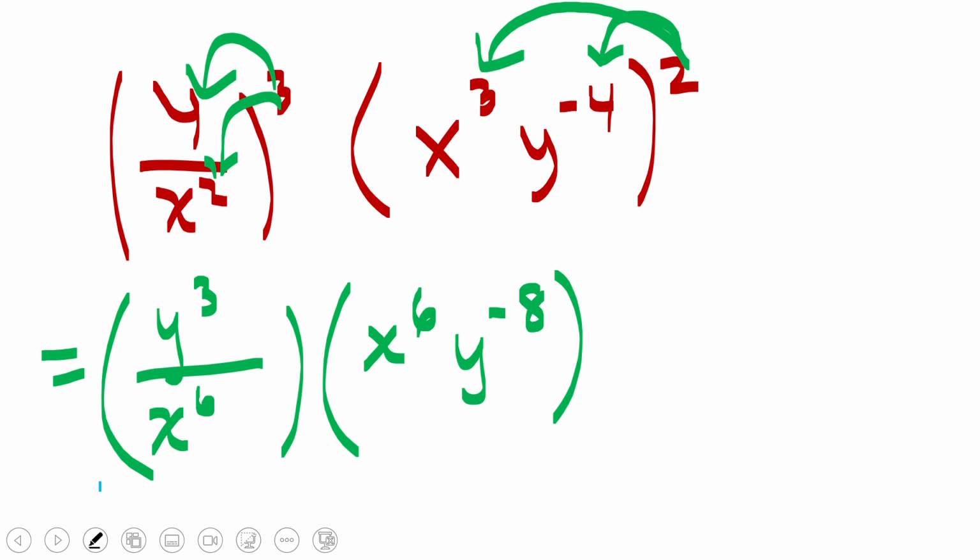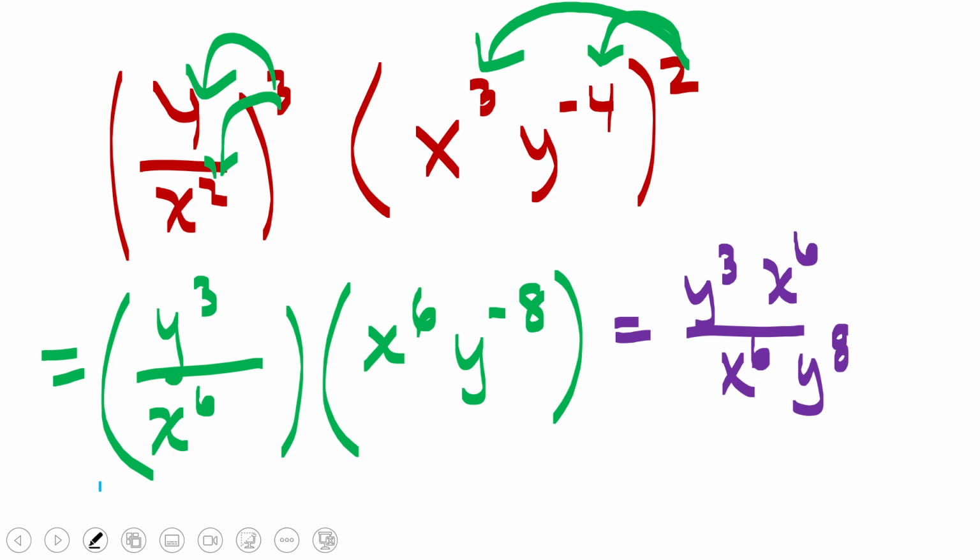Alright, so this renames as y cubed times x to the 6th power all over x to the 6th power times y to the positive 8th power. Look that over.